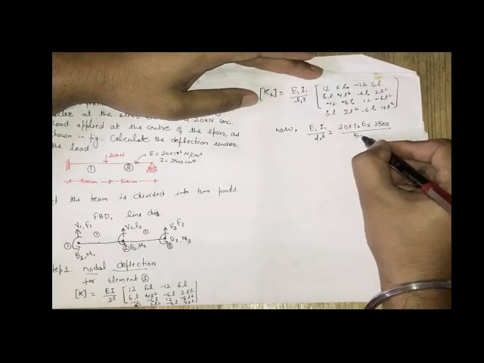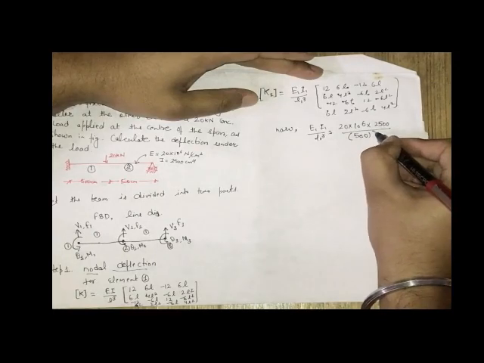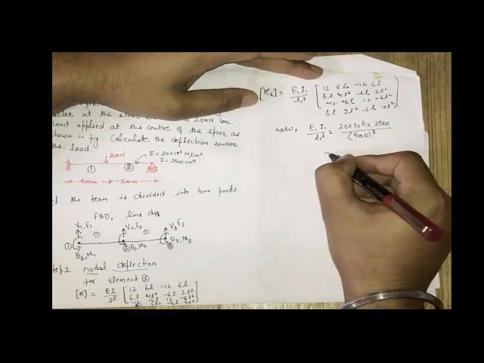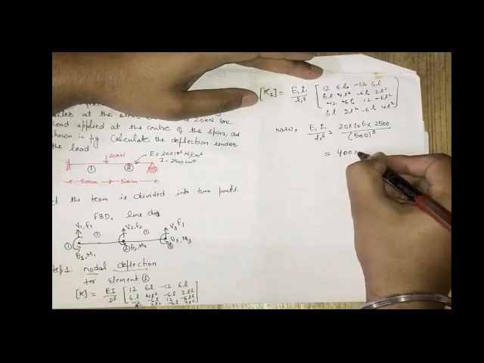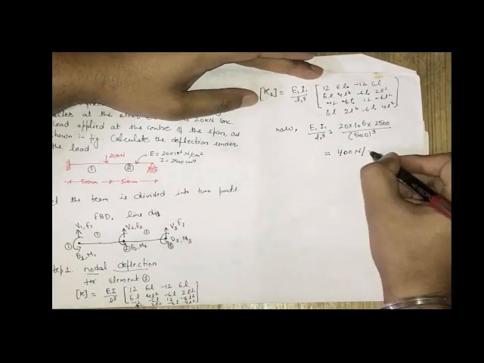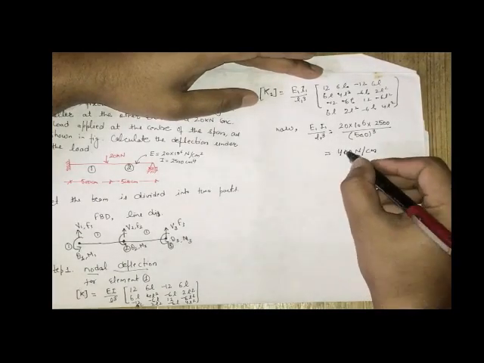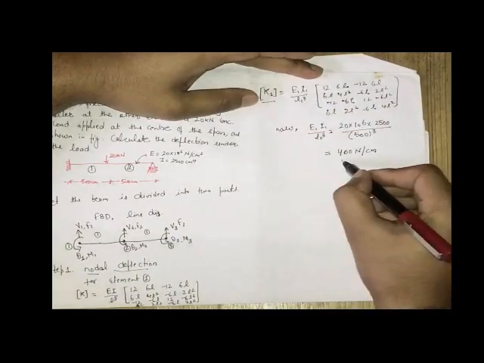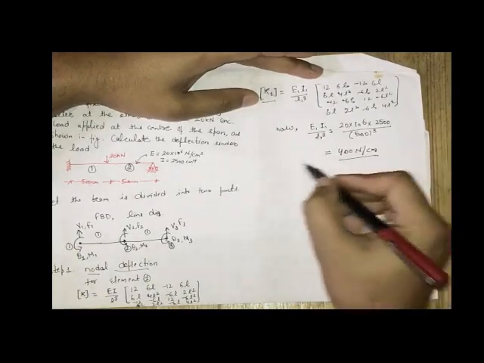So we have 500 here, and L cube. We get a value of nearly 400 Newton per centimeter, and the unit of stiffness, that is K, is Newton per centimeter.